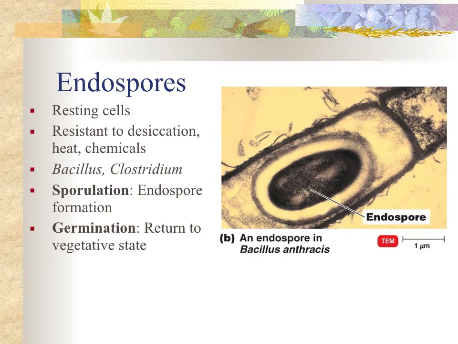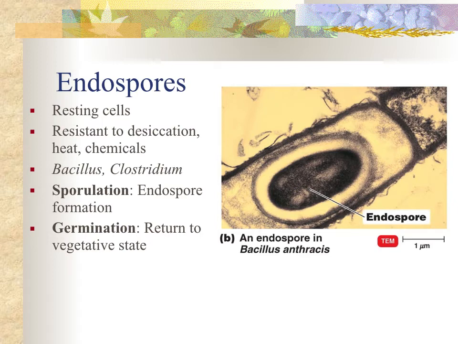Sometimes certain prokaryotes can make resistant stages called endospores. And so they form a kind of a dehydrated, protected spore that can germinate. And they often do this when conditions are bad. So like here's anthrax. This is the bacteria that causes anthrax, Bacillus anthracis, forming an endospore. And it does this when things are bad.